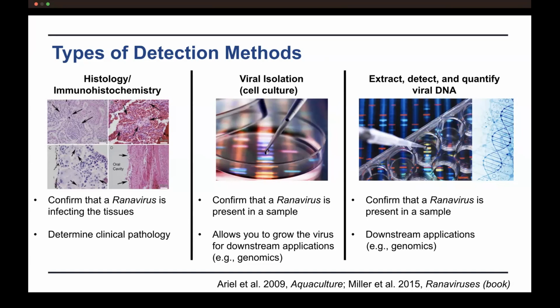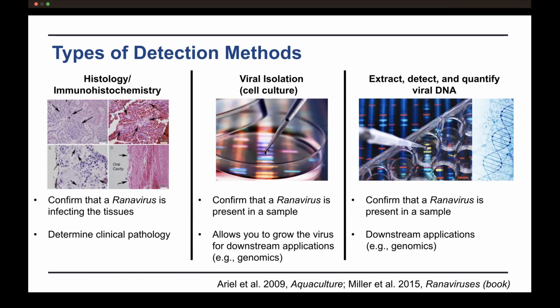This allows you to grow the virus for downstream applications such as genomics, which I'll talk about in a second. Or it can help you grow the virus in the lab if you're doing experiments, for instance, and you need a larger quantity of the virus. But this, again, requires live virus in order to grow the virus on cell culture. It has to replicate in those cells.